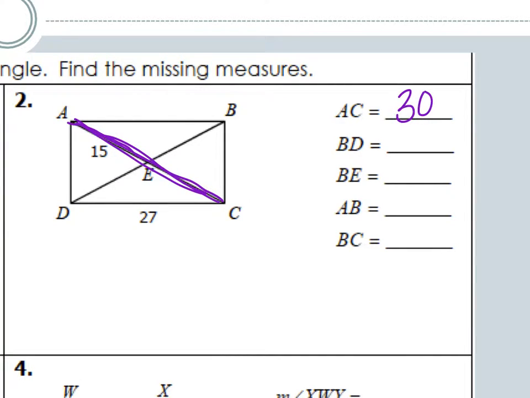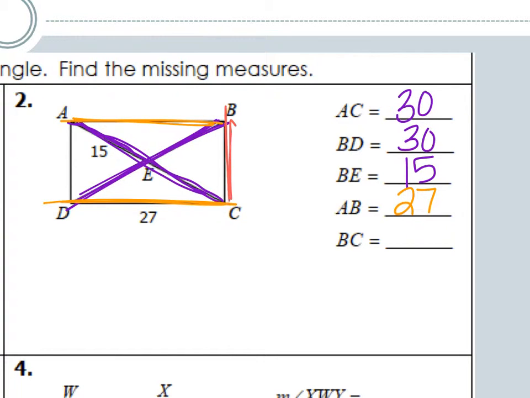Because my diagonals are equal, that means BD also has to be 30, which means BE is 15. AB is the same length as DC, so 27. And BC is the side, so we're going to use the Pythagorean theorem again.